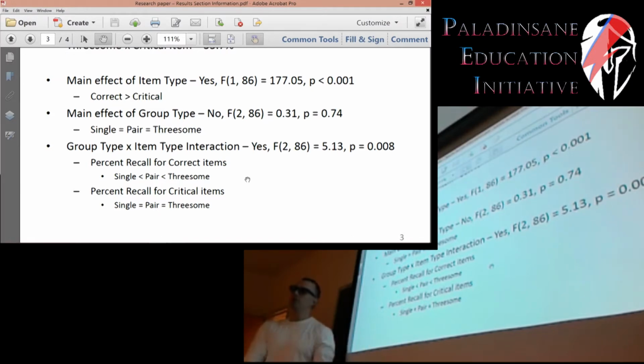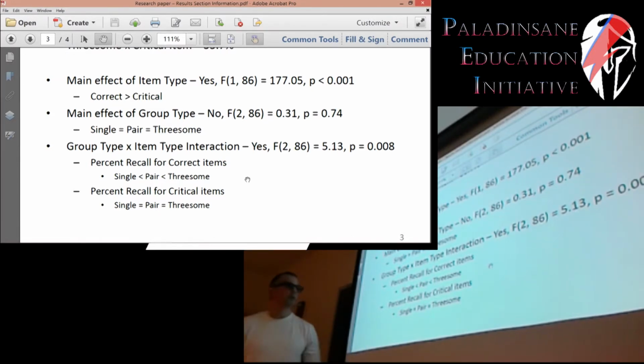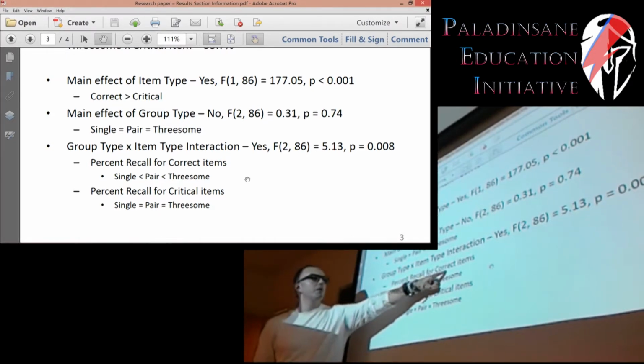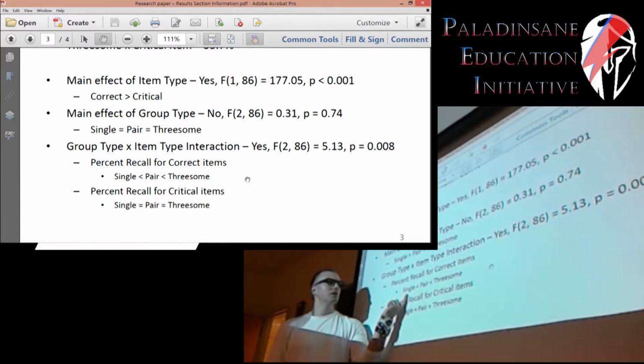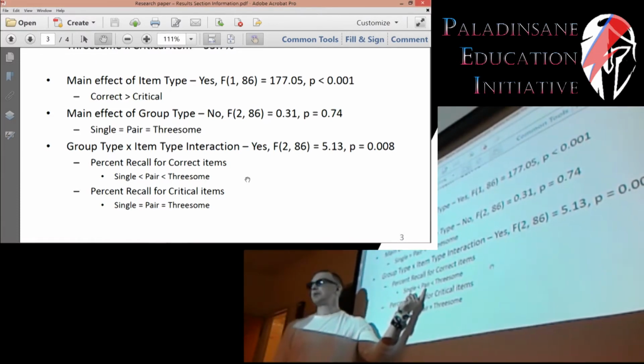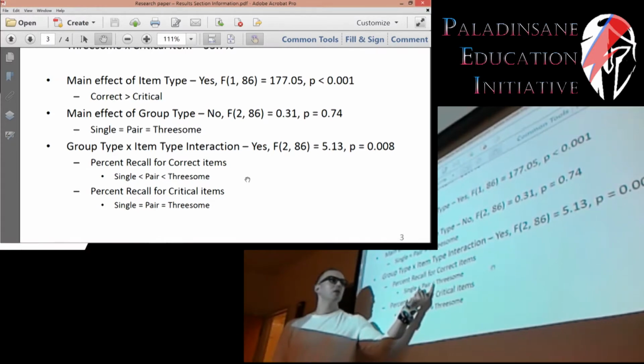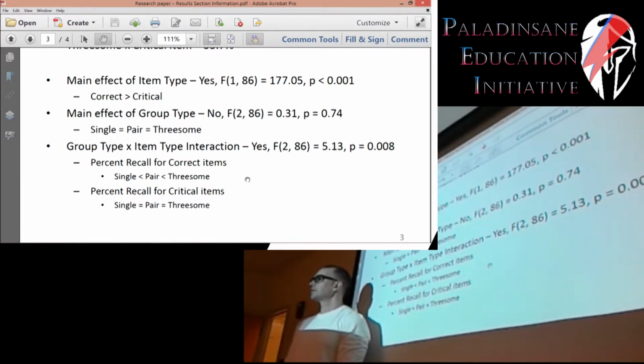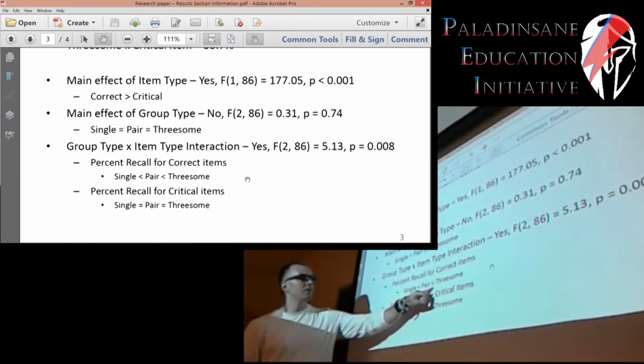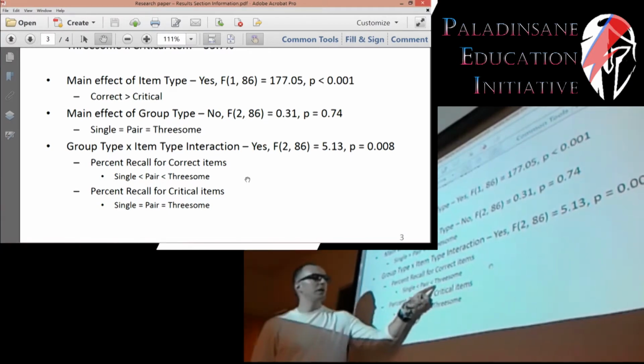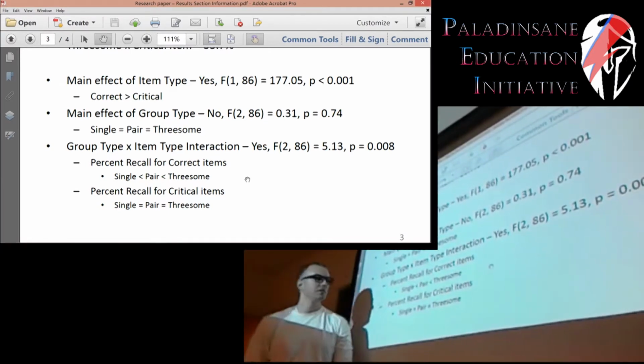There's a different story for real memories compared to false memories. So for the percent recall for correct items, singles recalled fewer items than pairs did, and pairs recalled fewer correct items than groups of 3. So this effect here: recall increased as group size increased.